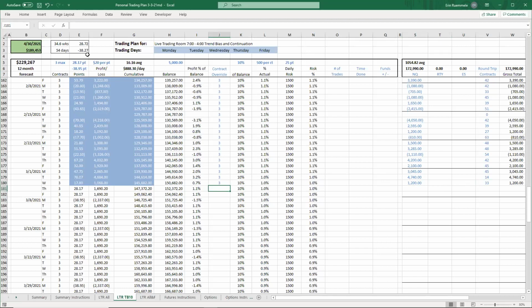Again, just little minor differences between our profit projection and our loss projection. So we'll change that to 28.72. This is not a straight average, negative 38.27. It's based on our run rate, based on how many losing days we've had in the amount of weeks we've been trading, since we allocate for 1 losing day each week.